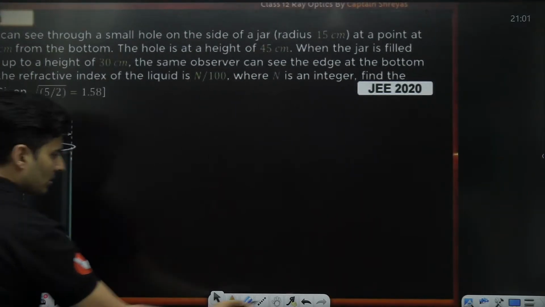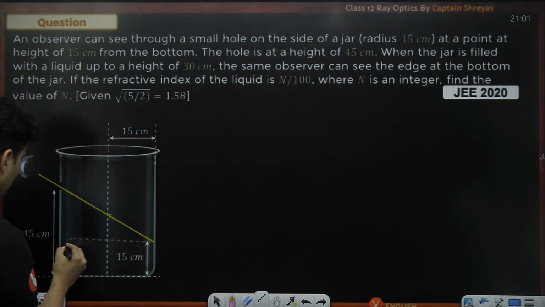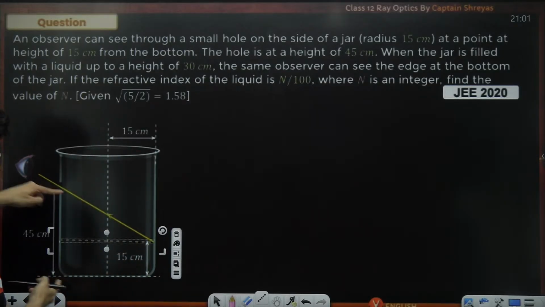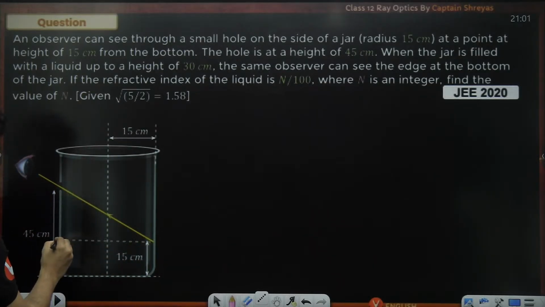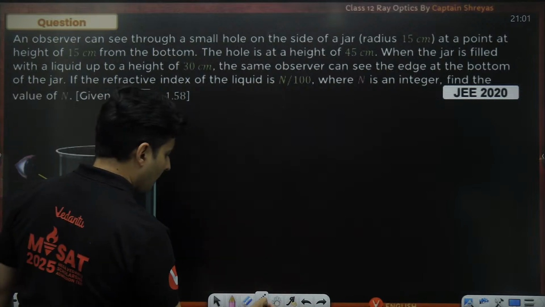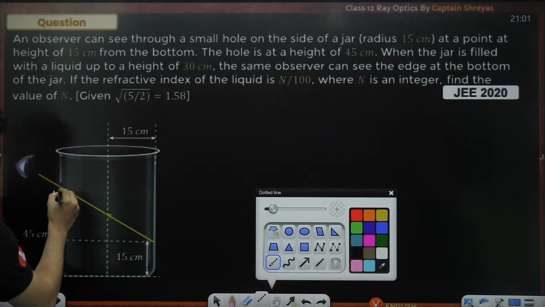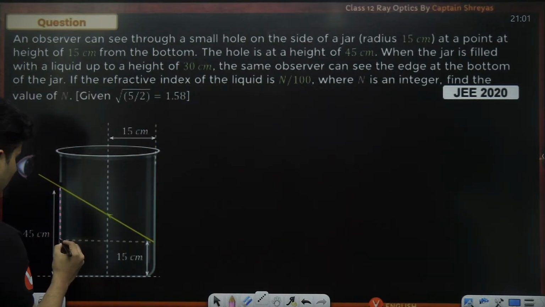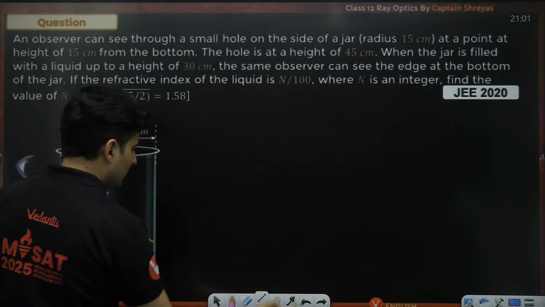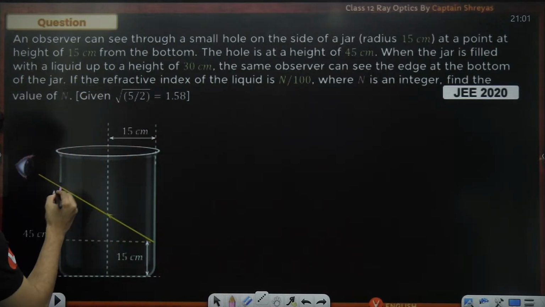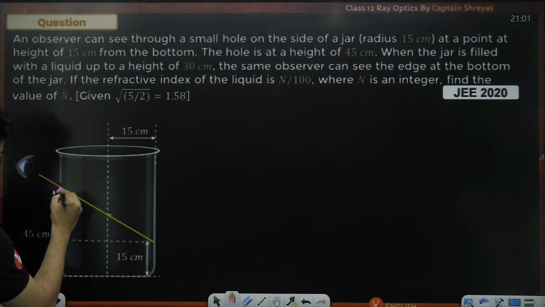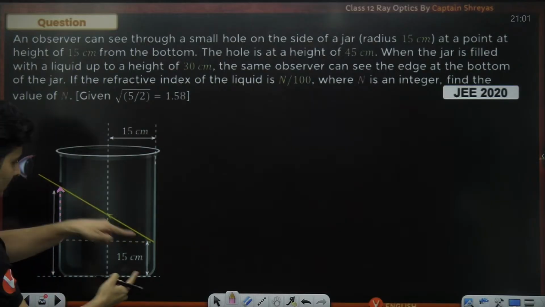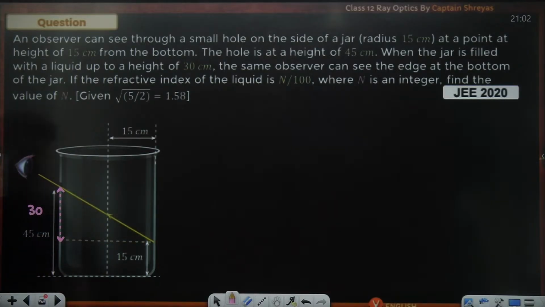See, draw a horizontal line like this. If this is 45, this is 15, it is obvious that this much will be 30. This will be 45 minus 15, that will be 30.